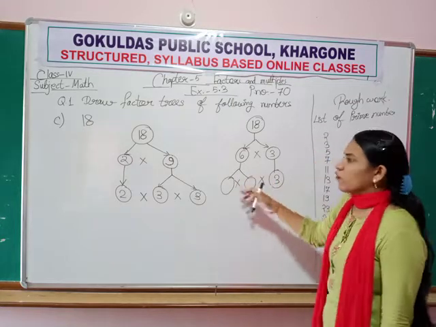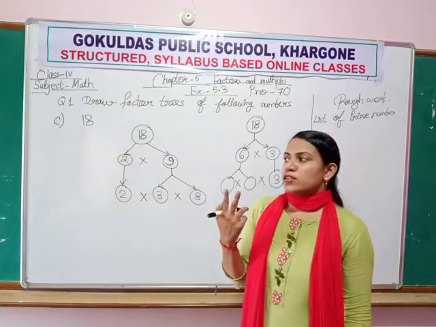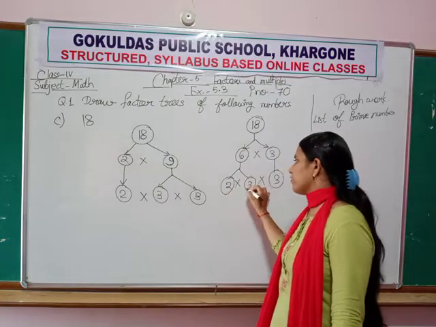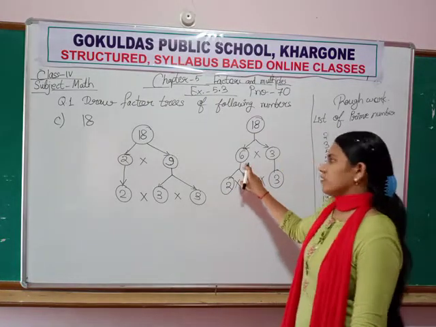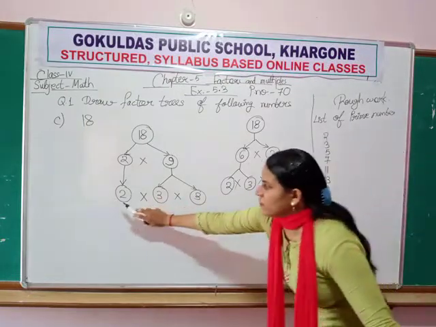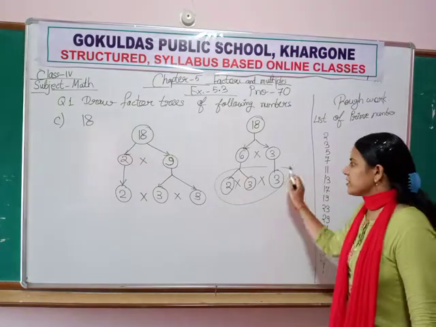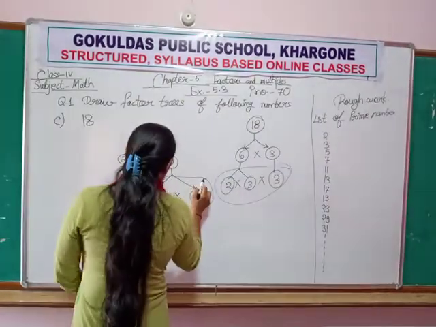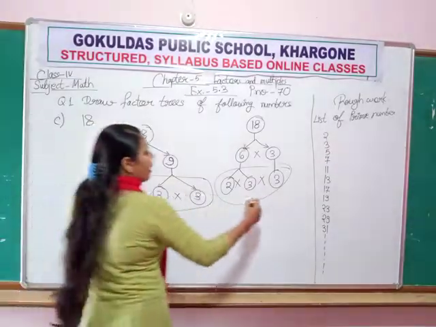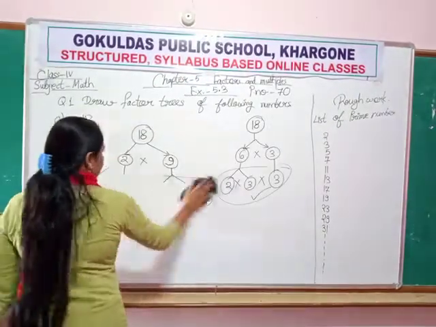How can we split 6? 2 into 3 gives us 6, right? So again observe that 2 into 3 into 3. Our result is the same in both cases, right? So you can make this tree also or this tree also. It is your choice. Both are correct.